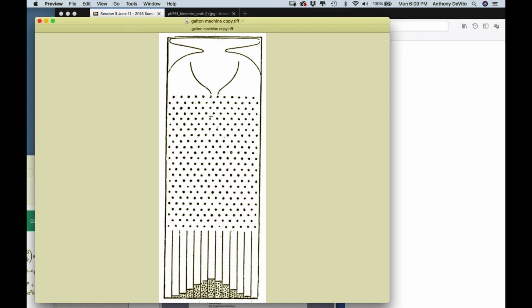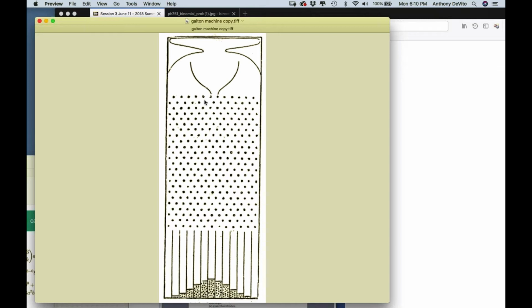If you get an even number of lefts and rights, it's going to come out in the middle column, or middle tube, when it collects at the bottom. An even number of lefts and rights is probably the most likely outcome, so it is going to fill this middle tube. But if you get more lefts than rights, it's going to go this direction instead and maybe fall into one of these tubes.